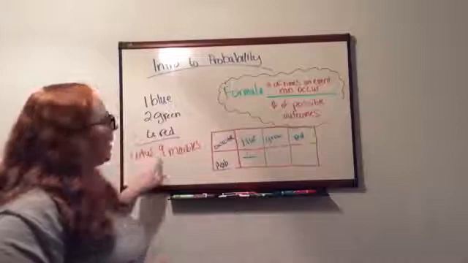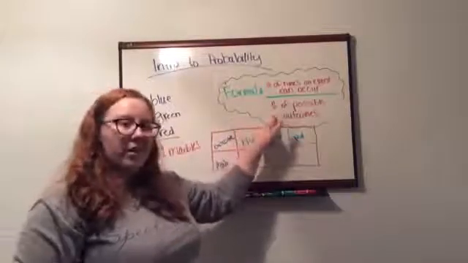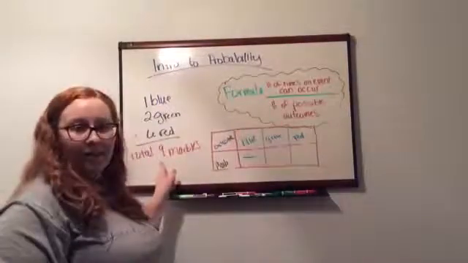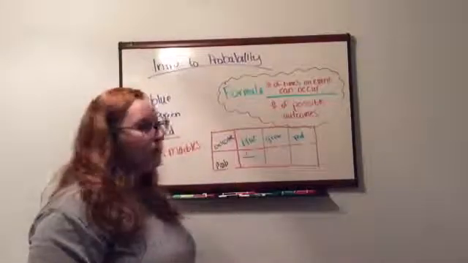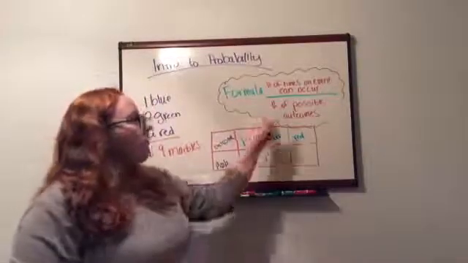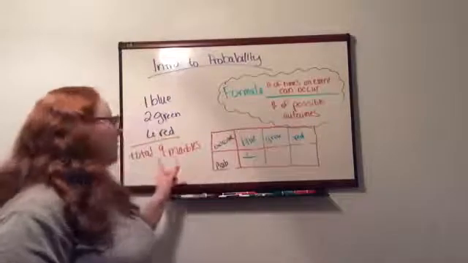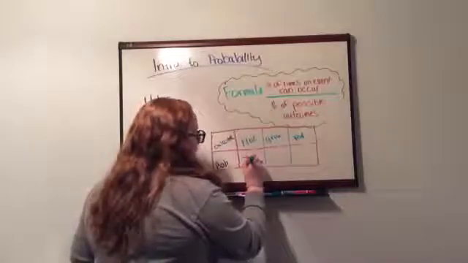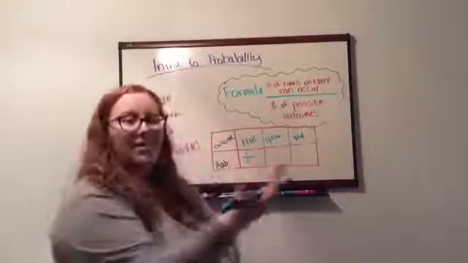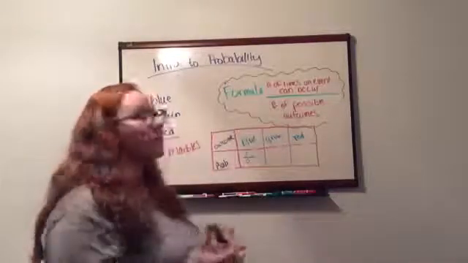But then how many possible outcomes are there? Well, there are 9, right? There are 9 total marbles, so I could possibly pull out any one of those marbles. So the number of possible outcomes is going to be my total number, which is 9. So there is a 1/9 chance that I will pull out a blue marble.